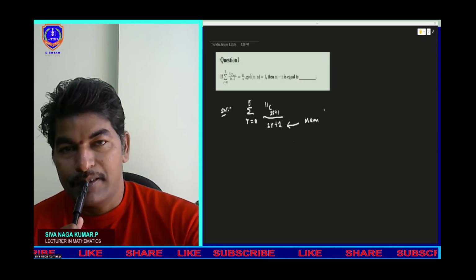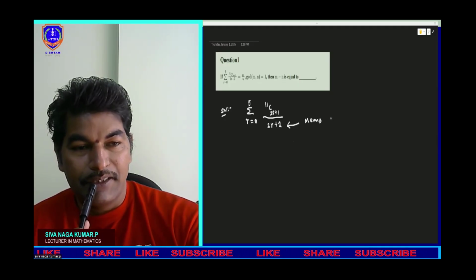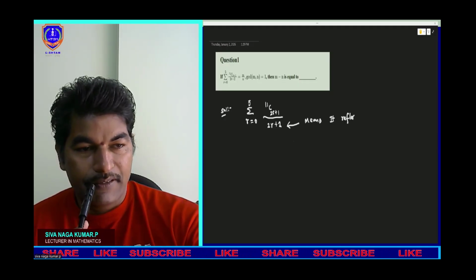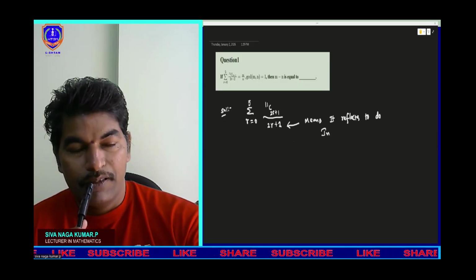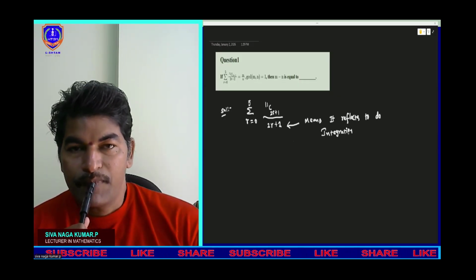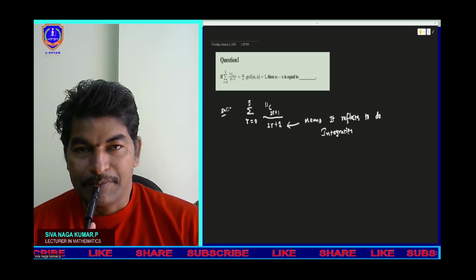Whenever you see the denominator, it reflects that we need to do integration. Okay, understood? It means we are going to do integration.